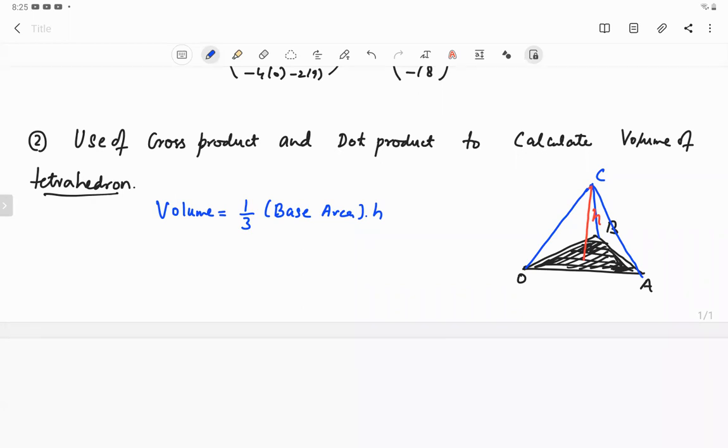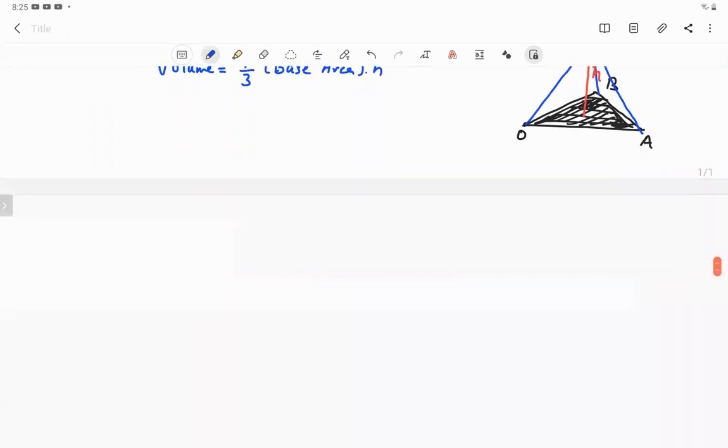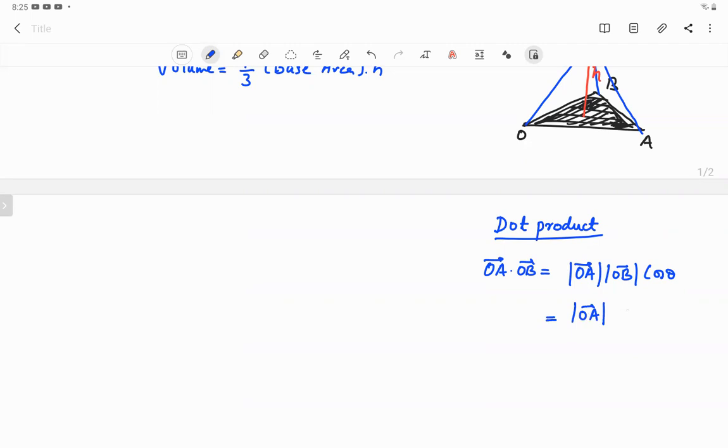Okay. Now, just revise your knowledge of dot product. If you remember, OA dot OB used to equal, we defined it like this, and we taught it like this, that OA multiplied by OB cos theta.